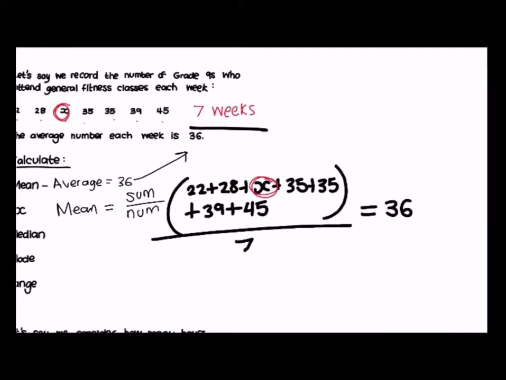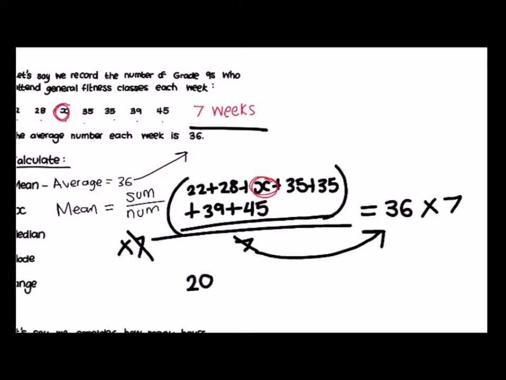How we do that: first off, we multiply by 7 on both sides, so that cancels the 7, and that means we've got this whole sum, which is 204 plus X, equal to 36 times 7.